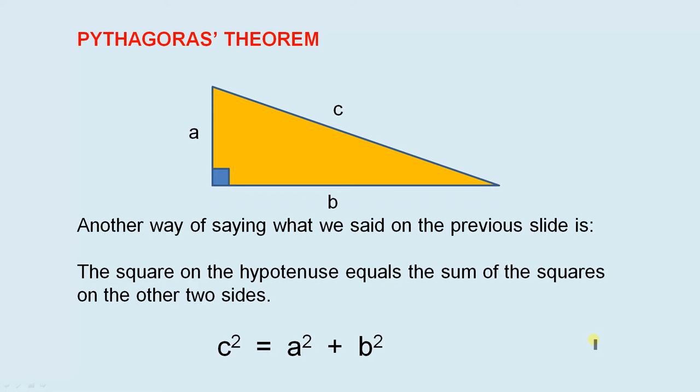Pythagoras' theorem. Another way of saying what we said on the previous slide is: the square on the hypotenuse equals the sum of the squares on the other two sides. So the square on the hypotenuse is c squared, and this is the square of one of the other sides, and this is the square of the other side, and you add those together.